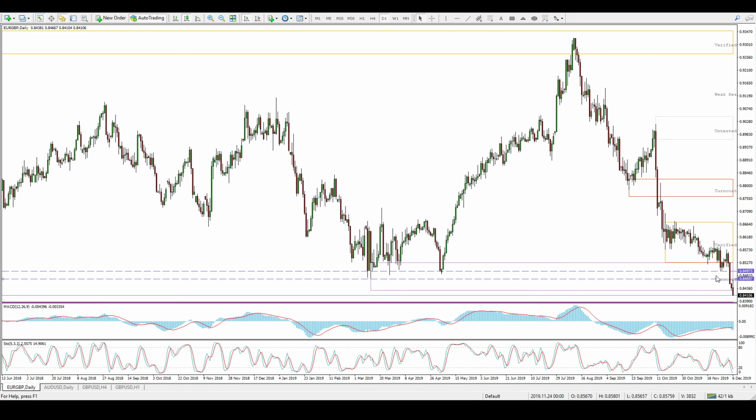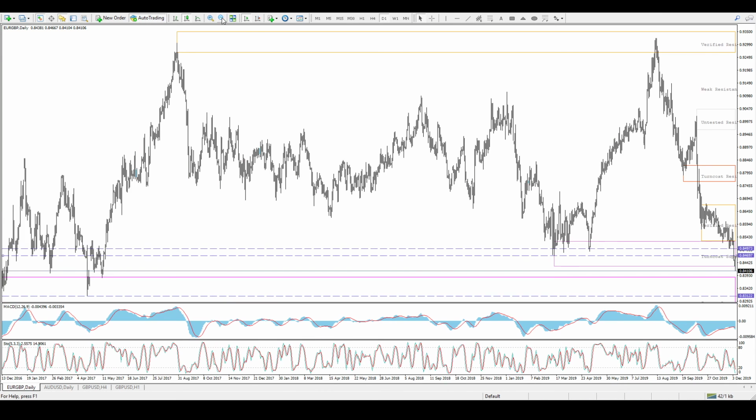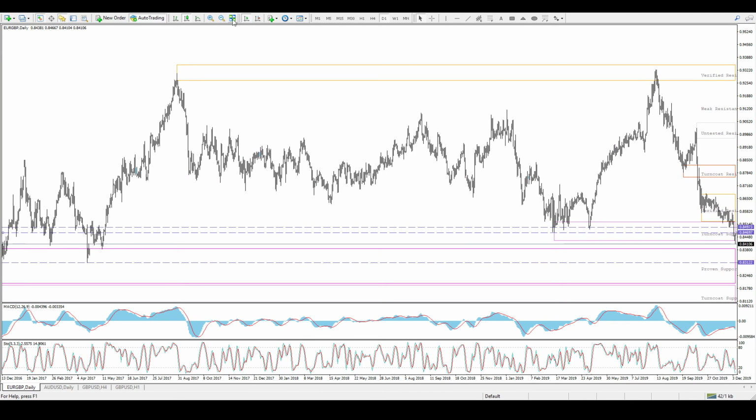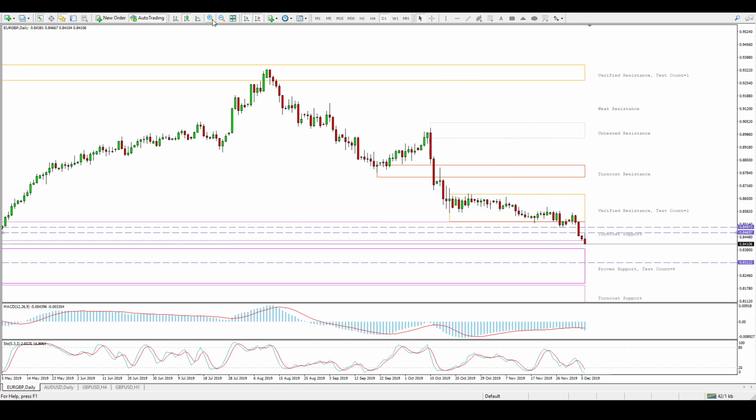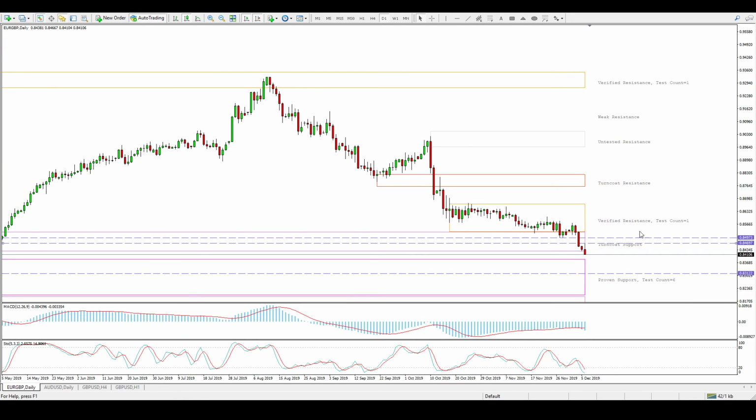I will be a seller if it comes back up to this zone and retests this area.